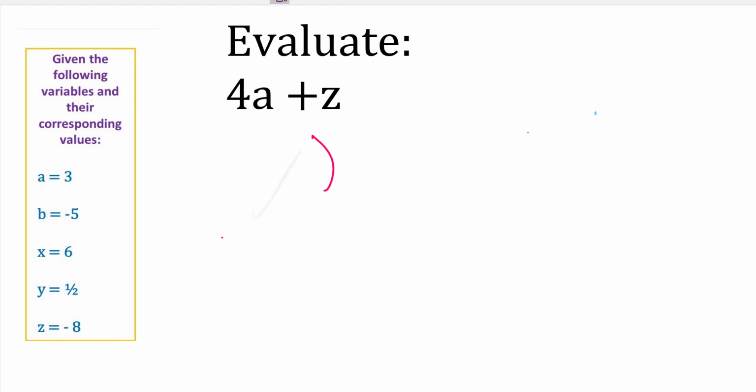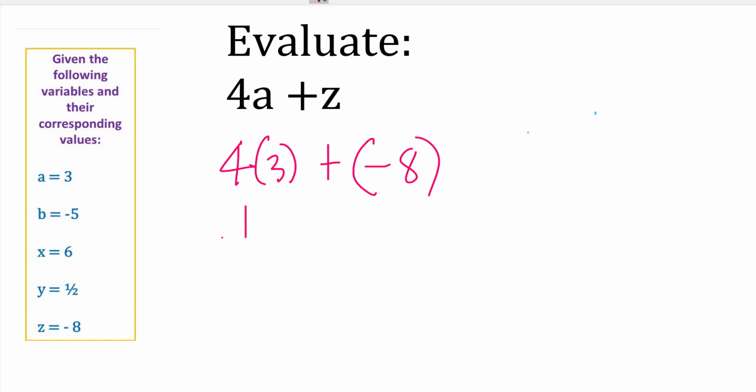The reason why we use a parenthesis is to make sure that we'll not be confused whether it's a 4 to 3 or a 4 times a 3. And then the z, of course, is -8, and then we also put there a parenthesis.